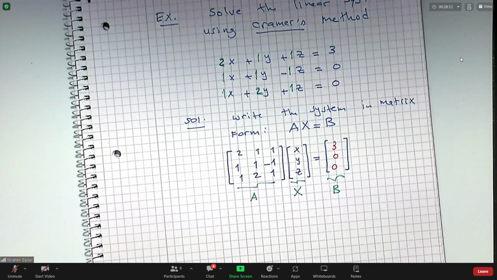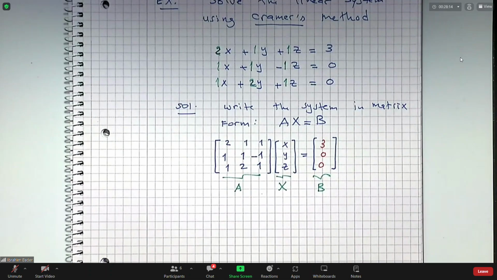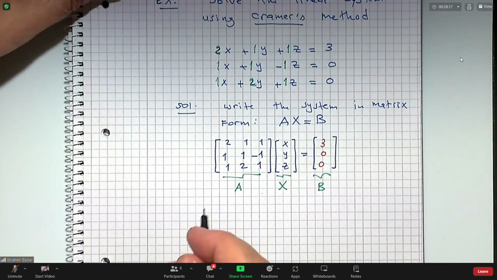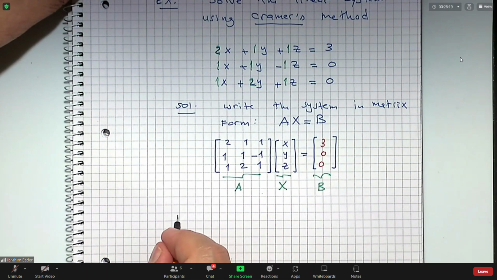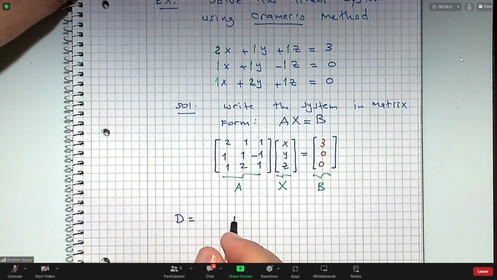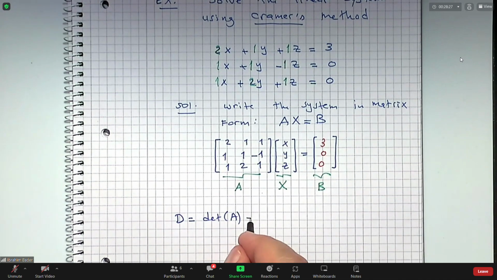Now, to solve this system using Cramer's rule, first we evaluate the determinant of A. Always before you start solving any system of linear equations, evaluate this determinant because it will give you an idea whether this system has a trivial solution or not.